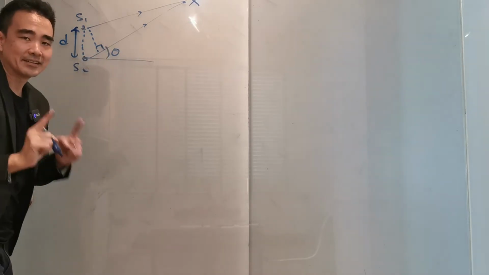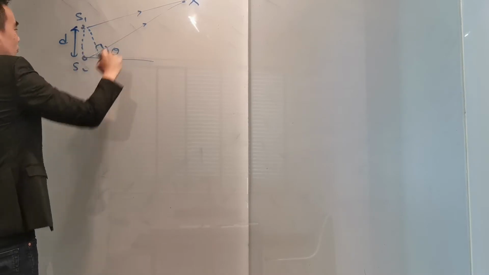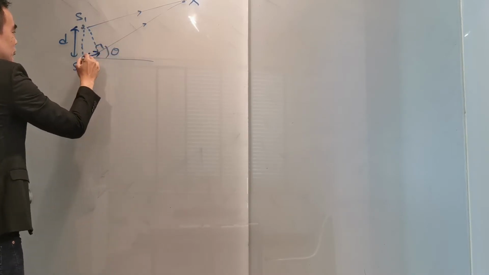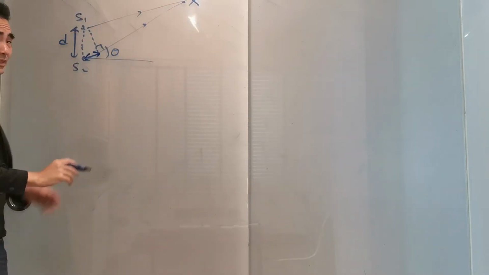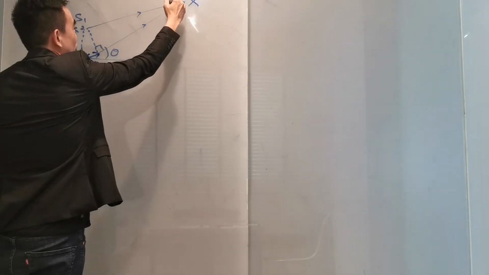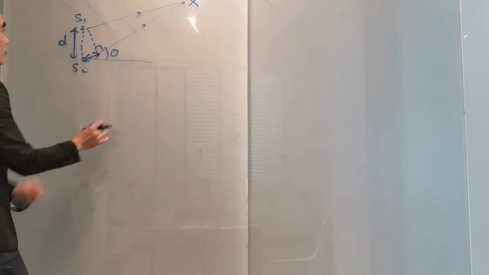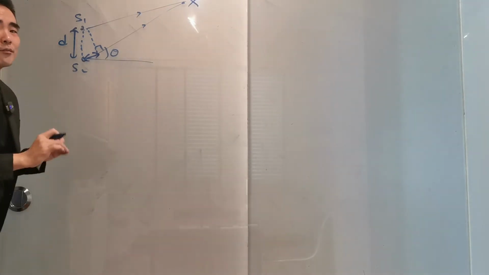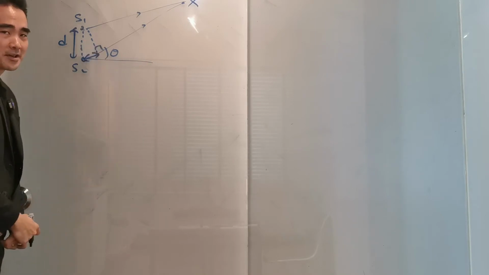So what is the additional distance that this light ray or sound wave is going to travel? This is the additional distance because this is going to form an isosceles triangle with this. I know it's weird that this is a right angle, and then how on earth do you have an angle over here? So please remember that this is almost parallel. This angle over here is almost zero. So this is approximately the path difference.